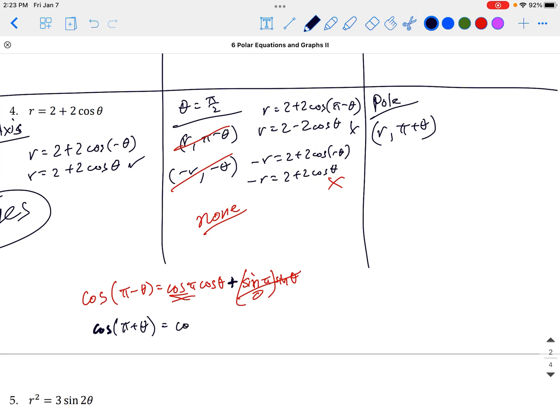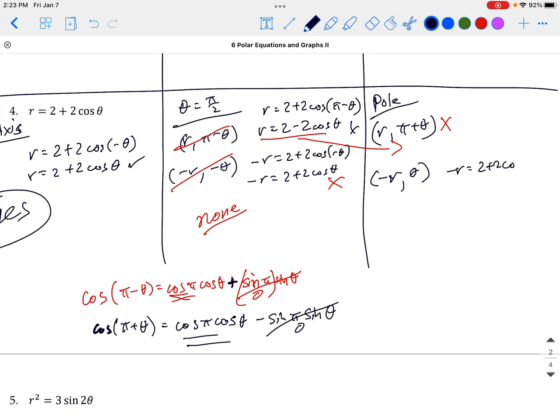But because it's at pi, the sign doesn't matter, because sine will be 0 either way at pi. So now that's just 0, and we get the same expression to start. So we already know this is going to fail, because we're going to end up with the same equation that we got here. Now for the negative r check, that'll be negative r, theta. That also immediately fails, because we have negative r is equal to 2 plus 2 cosine theta, which is not equal to our original given equation.